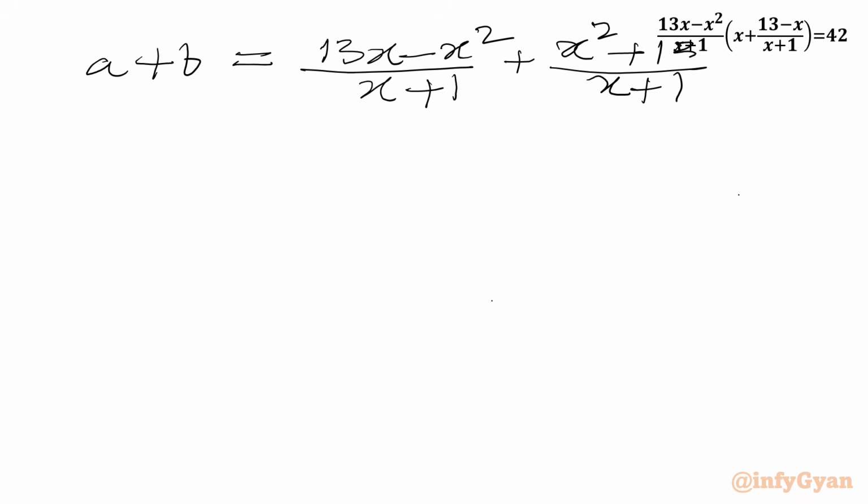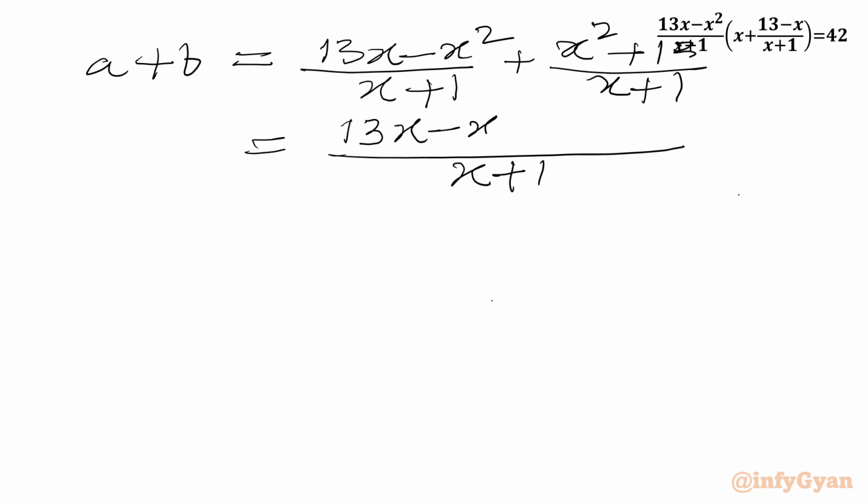Now we'll take LCM. So in the denominator we have the common denominator x plus 1. In the numerator we'll write 13x minus x square plus x square plus 13. Plus x square minus x square will cancel, and we will take 13 common from the numerator.